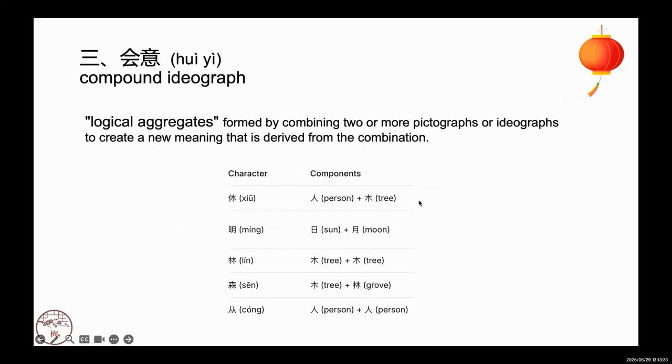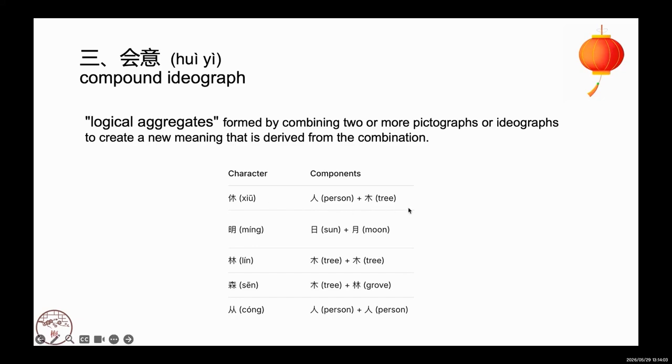The first one, xiu. As we can see, it's a combination of left and right. The left is a separate Chinese character. If you know it or not, this is 人. 人 means person, one person. The right part is 木, means tree.